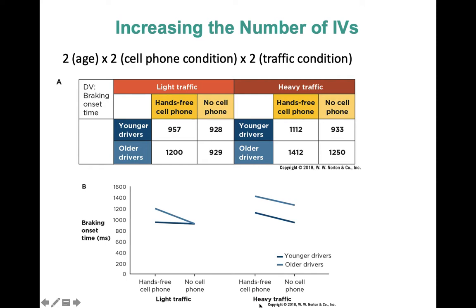So this really allows a researcher to study more complicated phenomena, and that's certainly something that for practical purposes you would want to know and understand as well: what is the danger of using a cell phone? Does it depend on one's age? Does it depend on traffic? Does it depend on the combination of one's age and traffic? So that's what adding an additional independent variable allows a researcher to do.